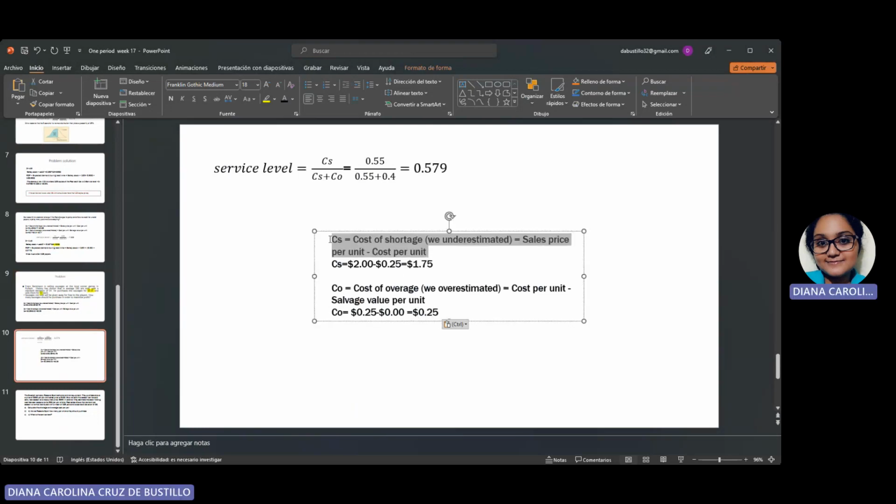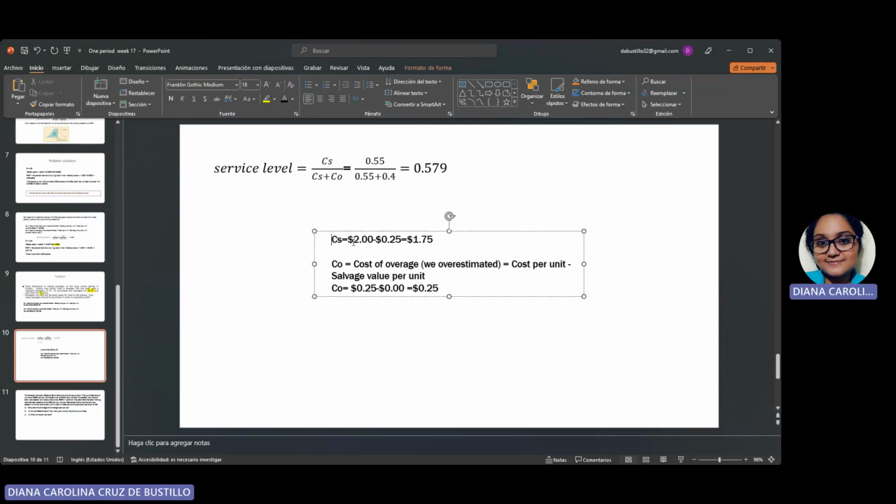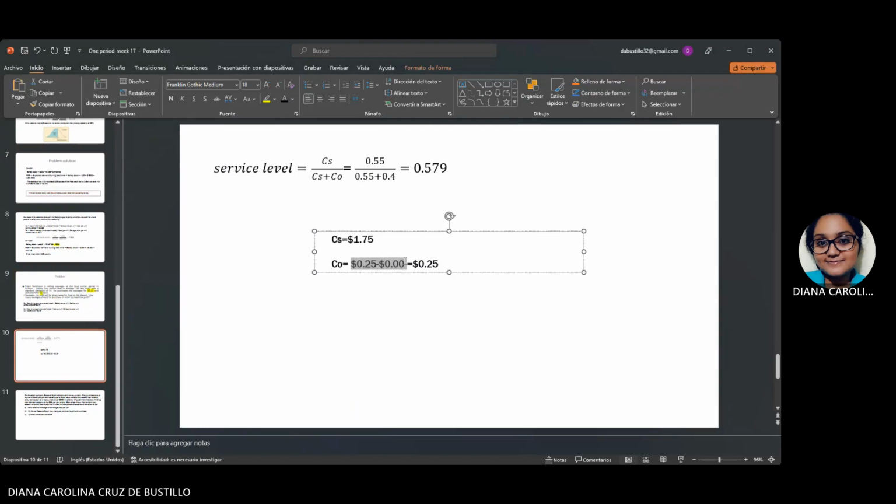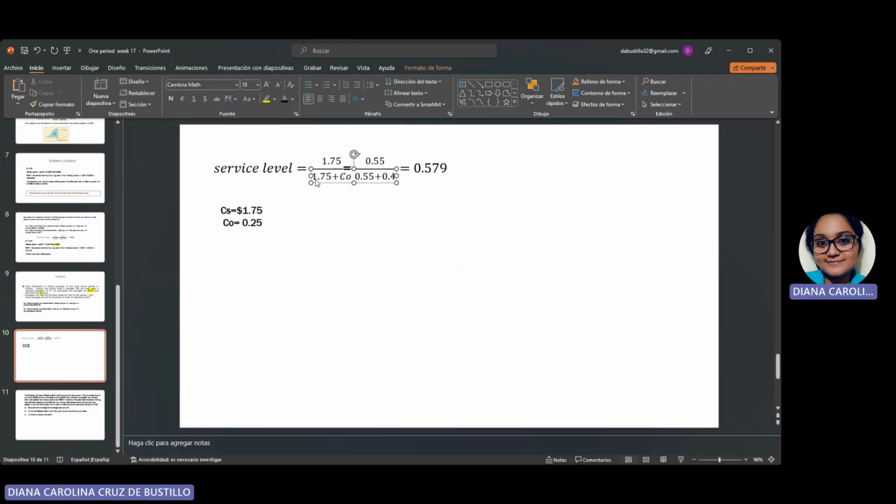Okay, so we have this information that we just calculated. So let us input this into the formula. And this is 1.75 divided by 1.75 plus 0.25.